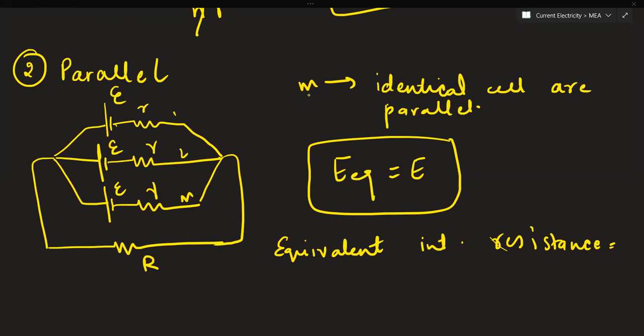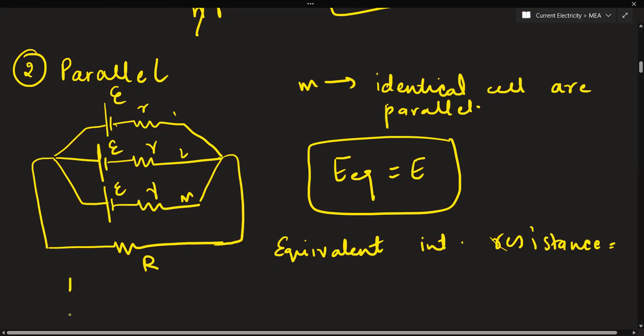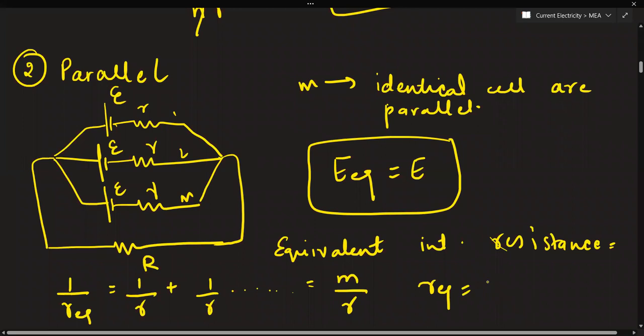They are not connected in series, Khalid, they are connected in parallel. Keep this in mind whenever you do calculations. In series, we directly add resistors R1 plus R2 plus R3. In parallel combination, you write 1 by R equivalent equals 1 by r plus 1 by r, and so on. If m rows are there, it will be m divided by small r. So R equivalent will be small r divided by m. This is the value of the equivalent internal resistance.